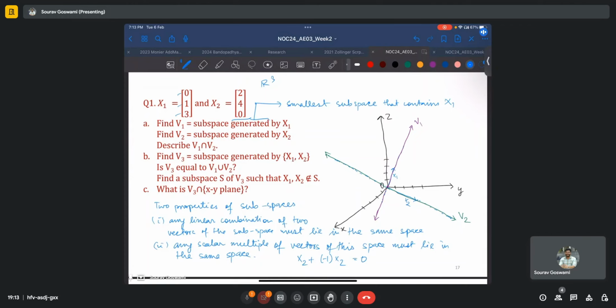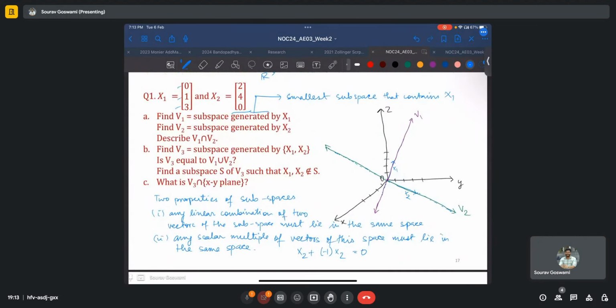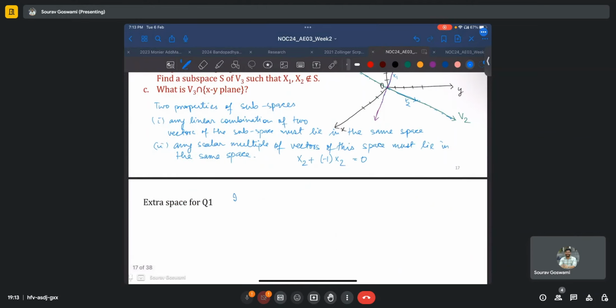We must also comment on their intersection. So what is v1 intersection v2? Since these two spaces are just lines, their intersection, I'll just write it here. So the subspaces are lines, the intersection of two lines is a point, of course.